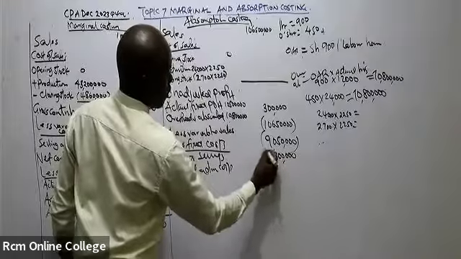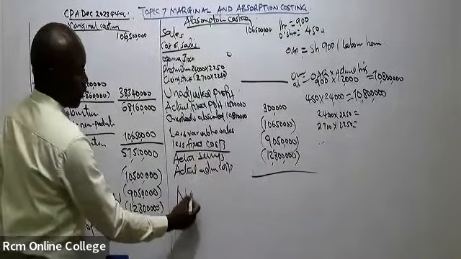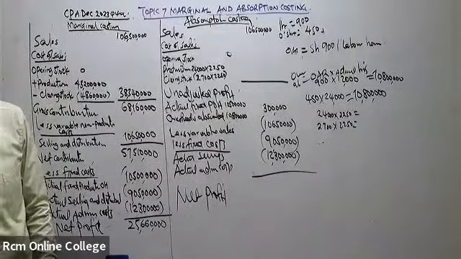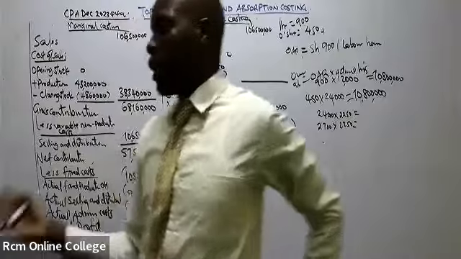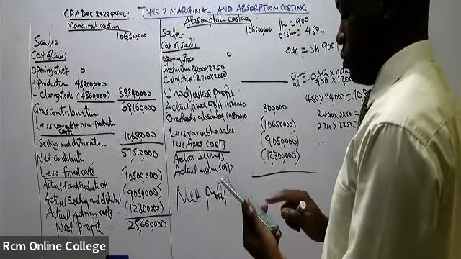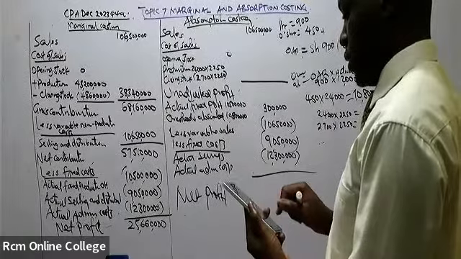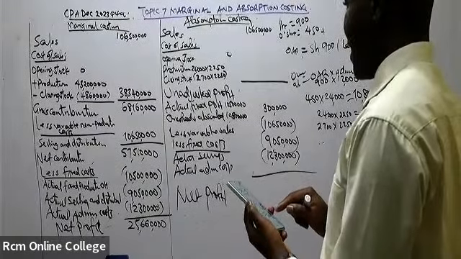When you deduct that, you'll be able to get net profit as per absorption costing. So allow me to post the figures there for you to refer to after this class. Or if you have the figures, you can give me the figures very fast.